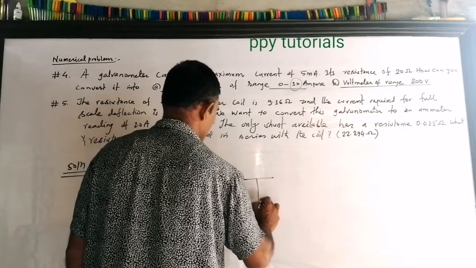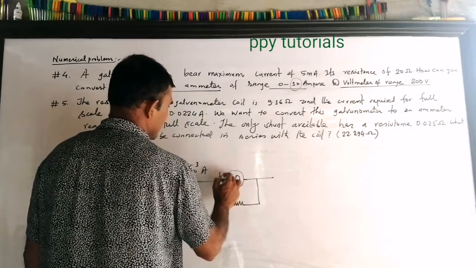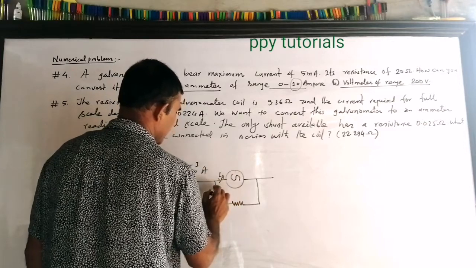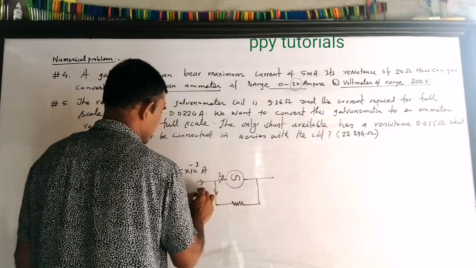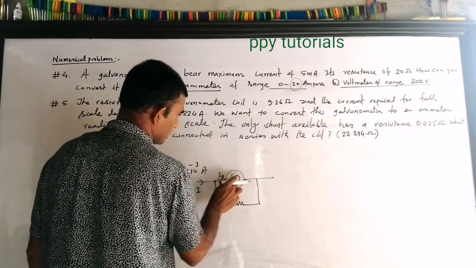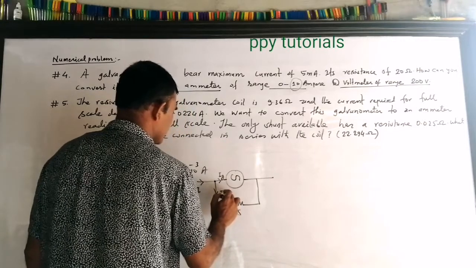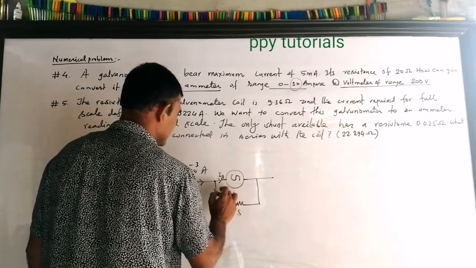Why do I have to connect a shunt? You know the reason. So that only Ig current can pass through the galvanometer, and all the remaining current, because the total current I is coming from this and it divides here. Some current goes through the galvanometer, and the remaining goes through this shunt.